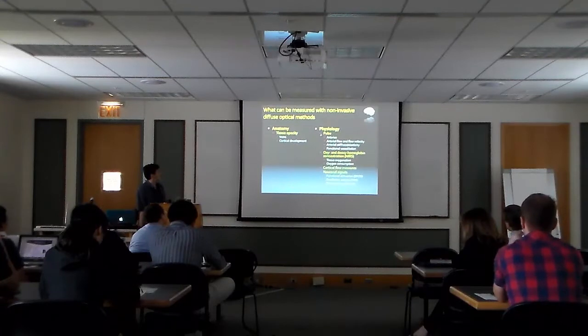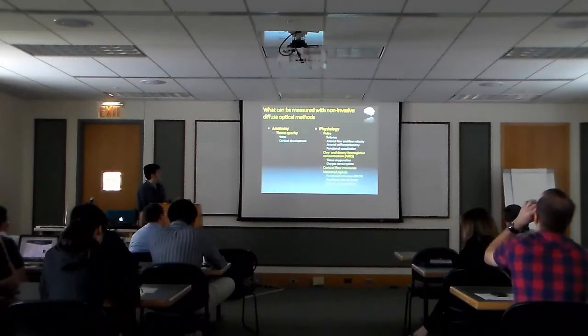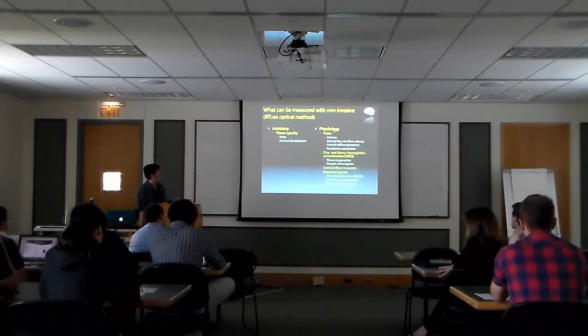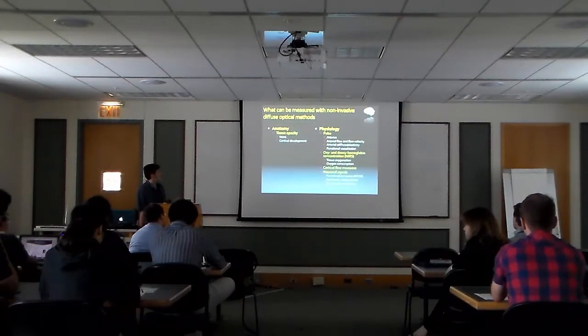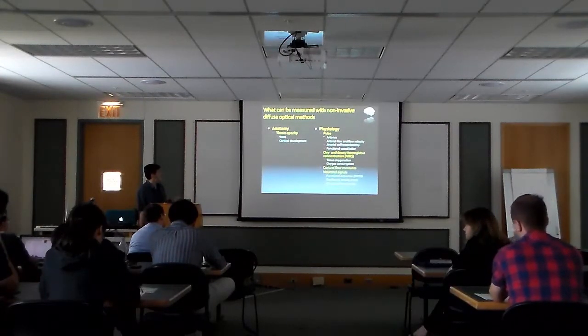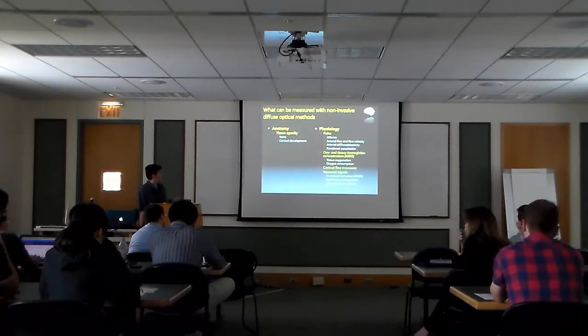Then we also have measures of the arterial pulse. So before, there were talks about arteries and how you can measure some parameters of the arteries with sonograms and so on. You can also measure them with these optical methods.